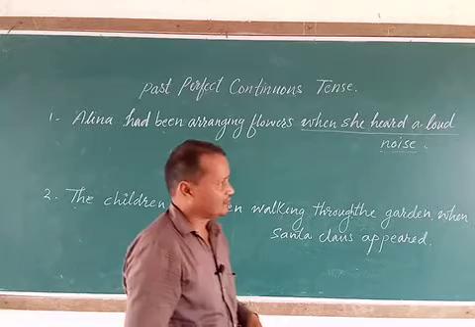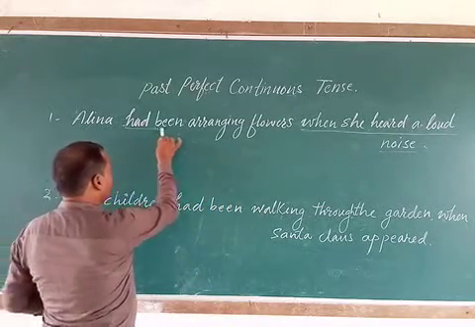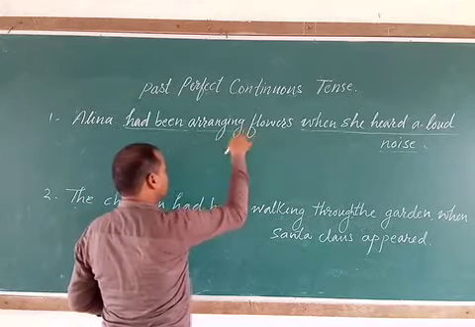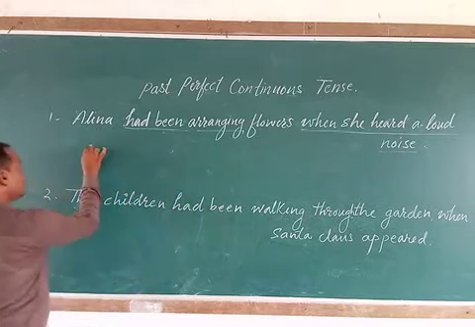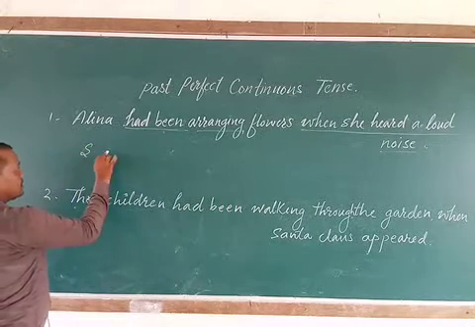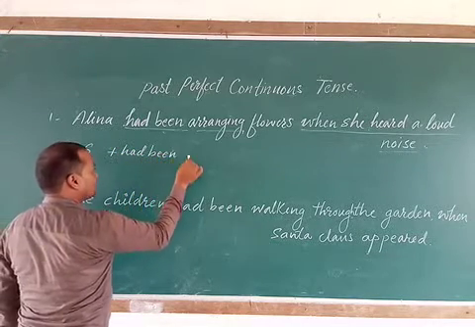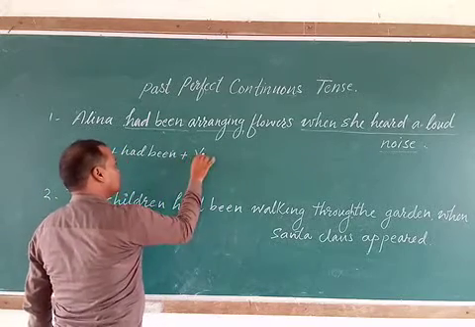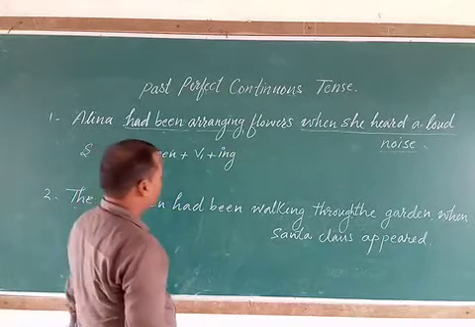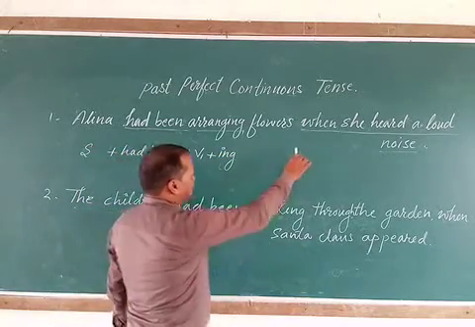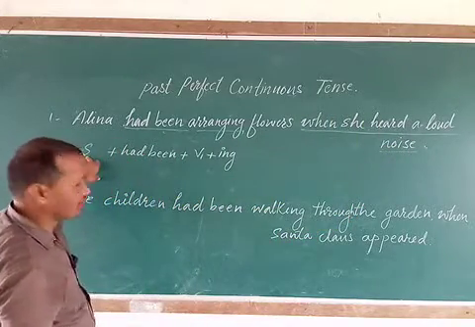So what is the structure of the sentence? Let's see. Here we use had been plus the first form of the verb plus ing. So the structure of the tense is subject plus had been plus verb first form plus ing, and then the second action. So it is the structure in an affirmative sentence.